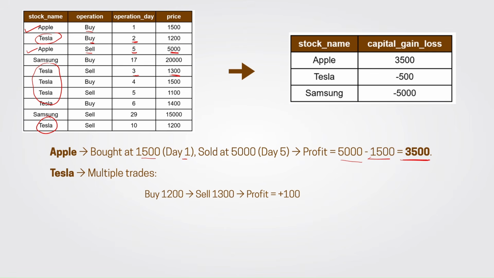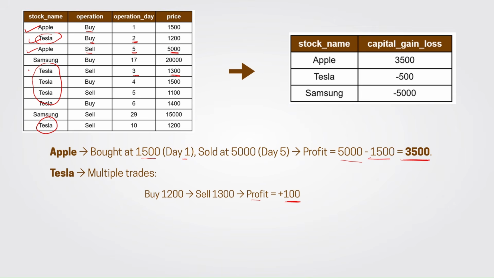Here, we are assuming the quantity of the stock is 1 because we don't have any column that denotes the quantity. So assuming the quantity is 1, we'll be solving this question. Here you sell for 1300, and you made a profit of rupees 100.